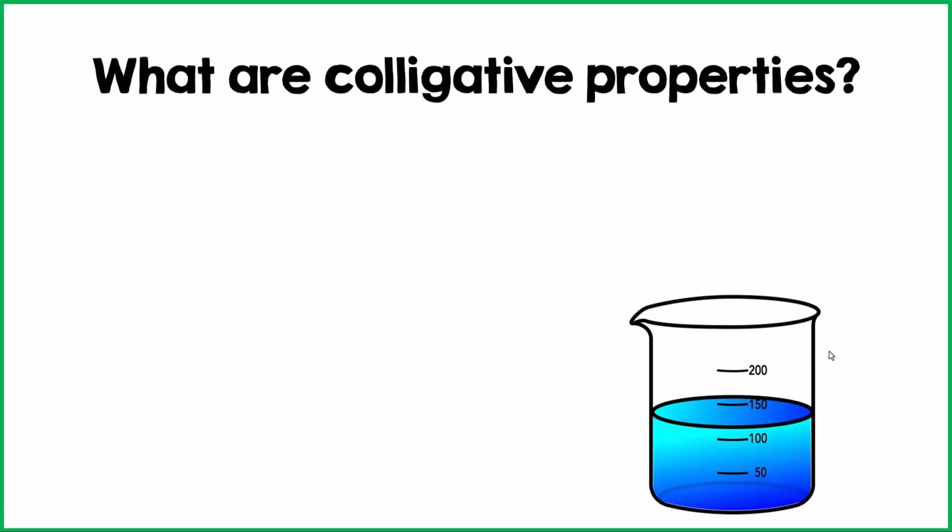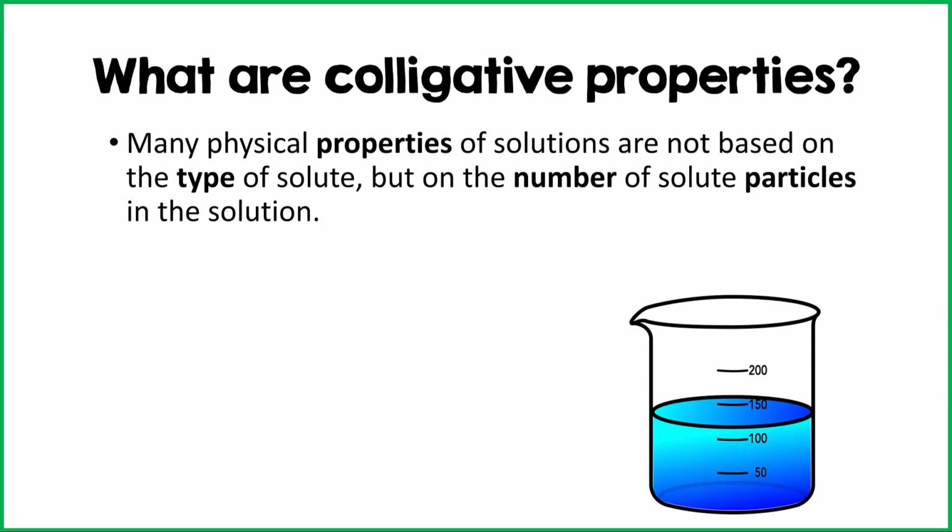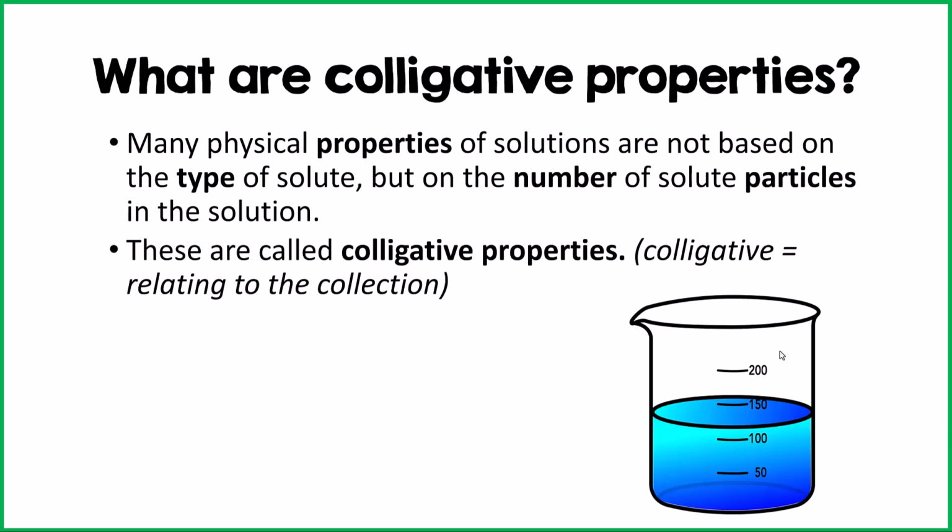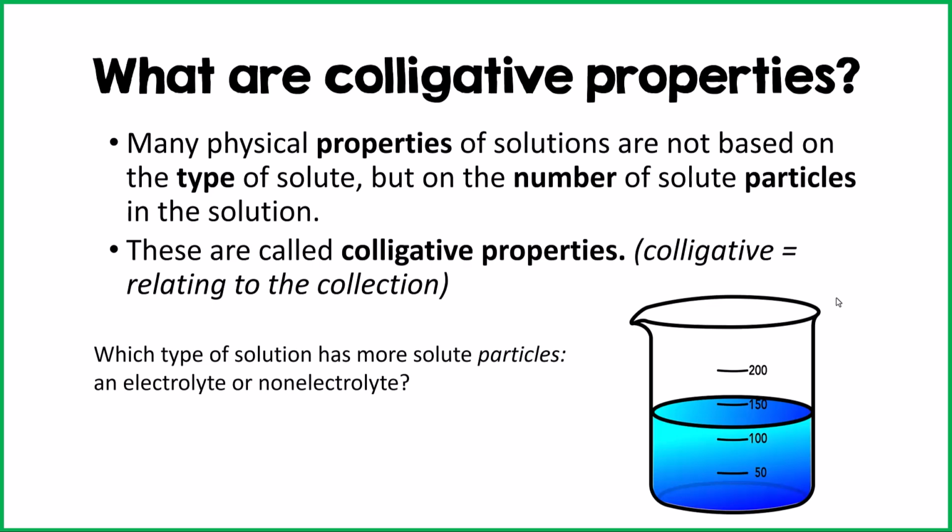What are colligative properties? Well, many physical properties of solutions are not based on the type of solute, so sugar versus salt, but on the number of solute particles in the solution. And these are called colligative properties. Colligative meaning relating to the collection of particles in the solution. Which type of solution has more solute particles?